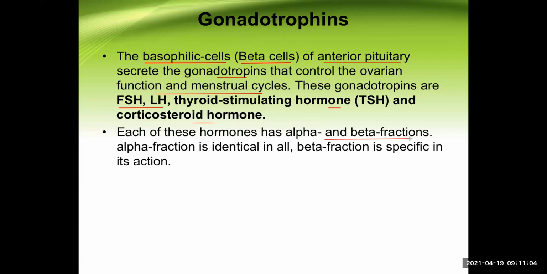Similarly, these hormones also have alpha and beta fractions. The alpha fraction is identical in all, whereas the beta fraction is specific to each hormone. The beta fractions of FSH, LH, and HCG are different, but the alpha fraction in all of them is similar.